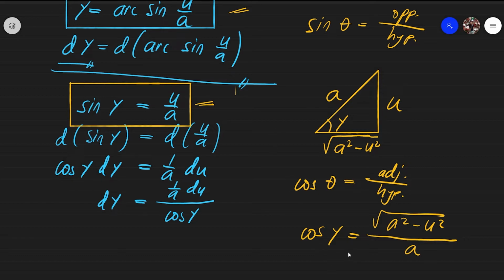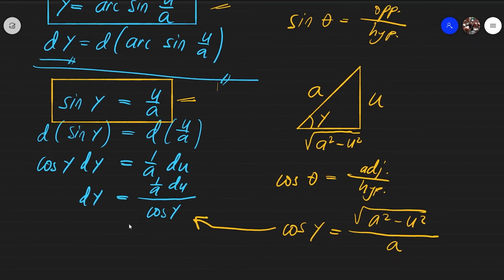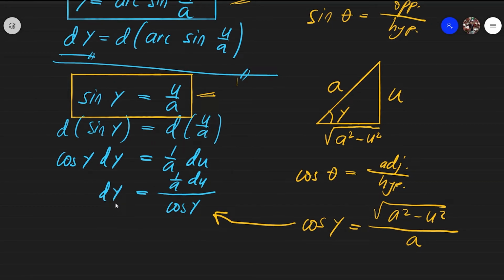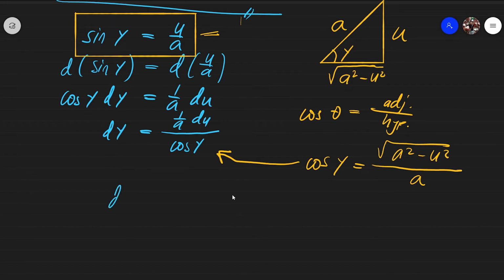Now you can substitute this value here, because we are trying to get rid of y. What we are trying to find is the value of dy, so you have to get rid of y. To do that, you just need to substitute the value of cosine y. So dy is equal to 1 over a du, all over the value for cosine y, which is the square root of a squared minus u squared all over a.